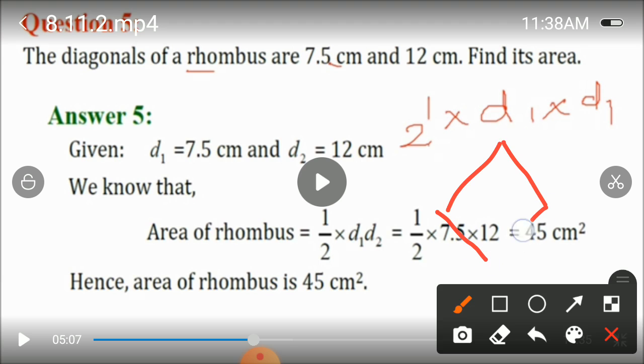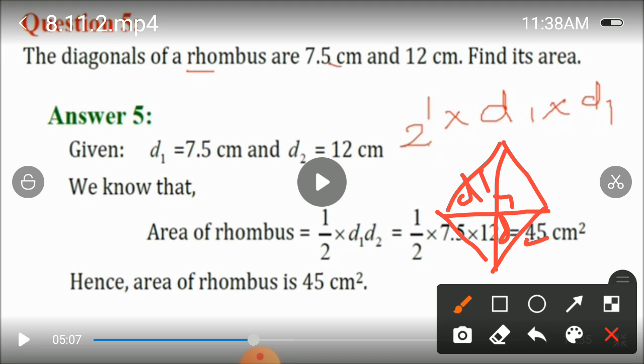Yes, my dear student, when the rhombus diagonals cut, there are two diagonals, D1 and D2. They cut at a right angle and bisect each other. So this is D1 and this is the D2. Both measurements are given, D1 and D2. The area is 1 by 2 D1 into D2. Then you will get the answer to the question.